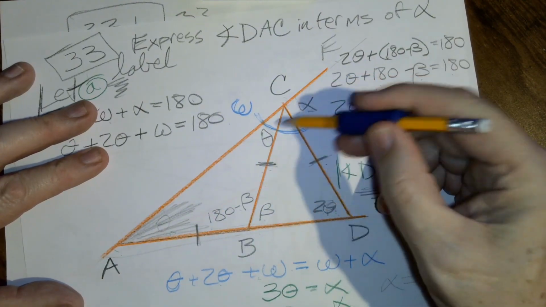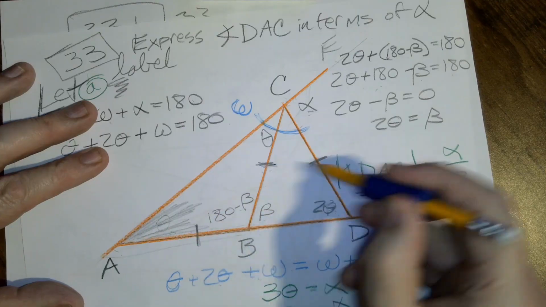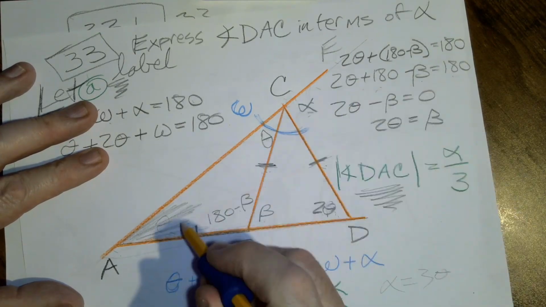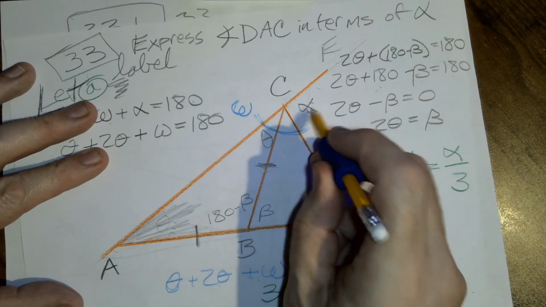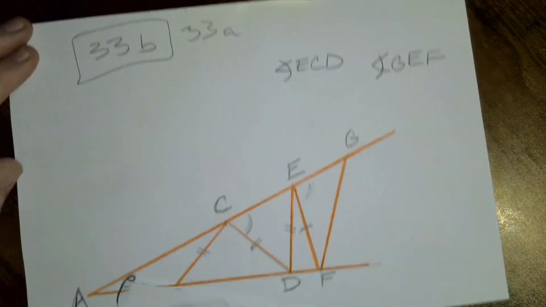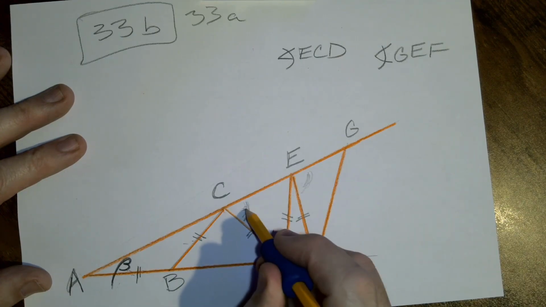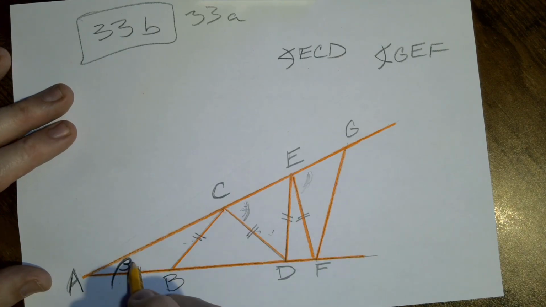See where this angle is? Look at this isosceles triangle. They wanted this angle in terms of this angle. And here, isosceles triangle. Now they're asking for this angle in terms of this one.